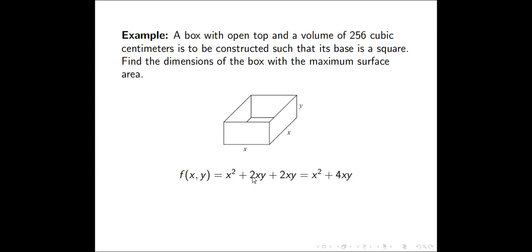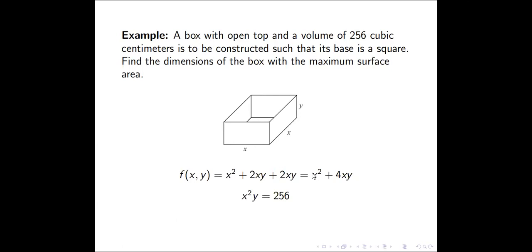As well as for the front and back faces, this one has an area x times y again. So twice, we get another 2xy. So in all, we have 4xy plus x squared, the bottom. So this is the function, if correctly formulated, to be optimized. Notice, if you get this wrong, then you'll have everything wrong after.